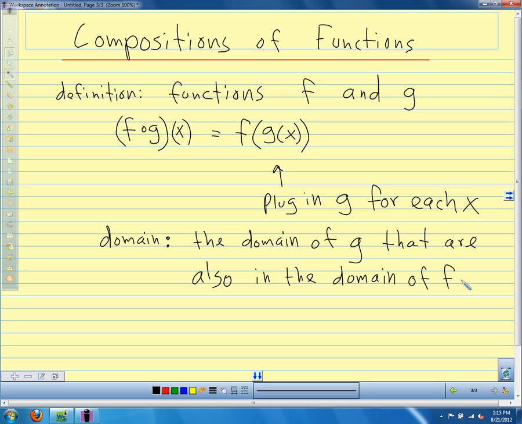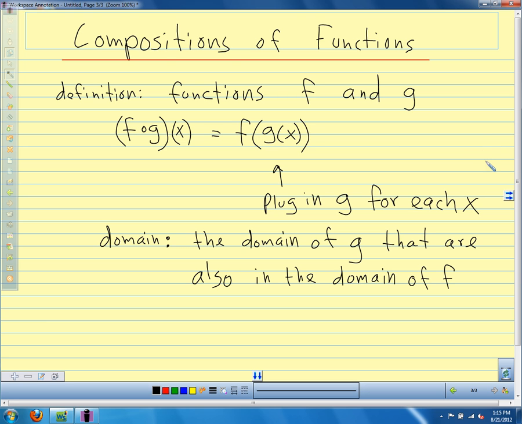The way I think about compositions is I think about the inside function. So g of x is the inside, and f is the outside function. For our domain, we have to look at the domain of the inside function and figure out the domain of the final composition, the whole big function. We'll do some compositions and look at the domain.